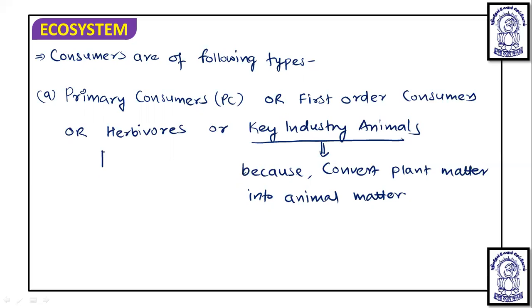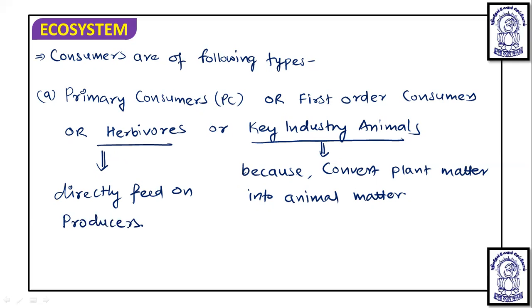These herbivores directly feed on producers. So these are the primary consumers, or herbivores, or key industry animals.